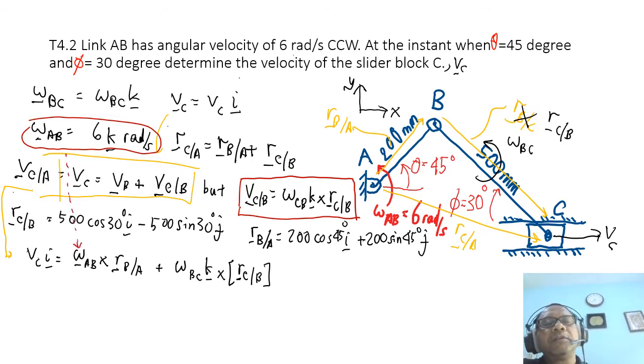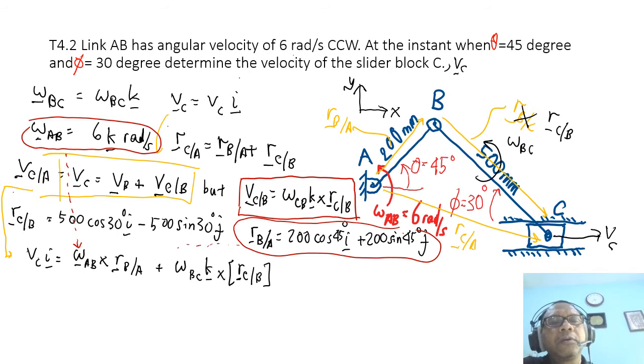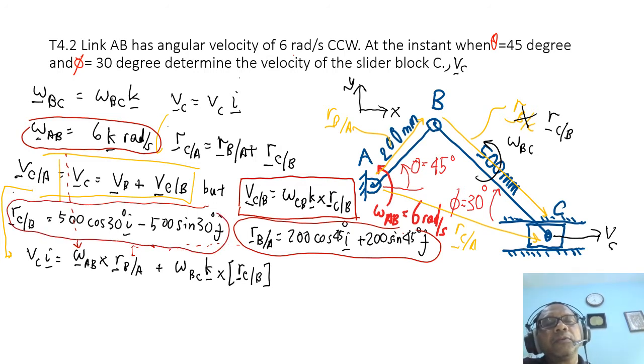Position vector B relative to A is here, so that one goes here. Omega BC is unknown, and position vector C relative to B is here. So you then put these values here.